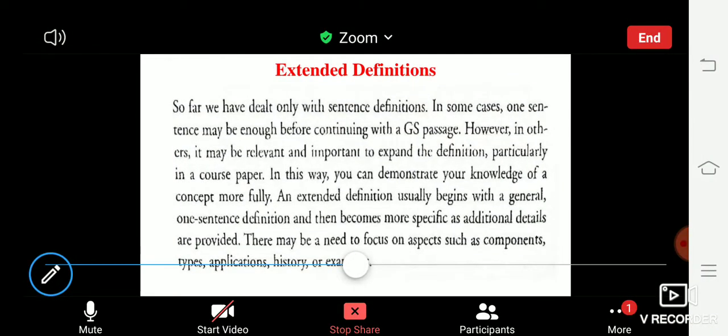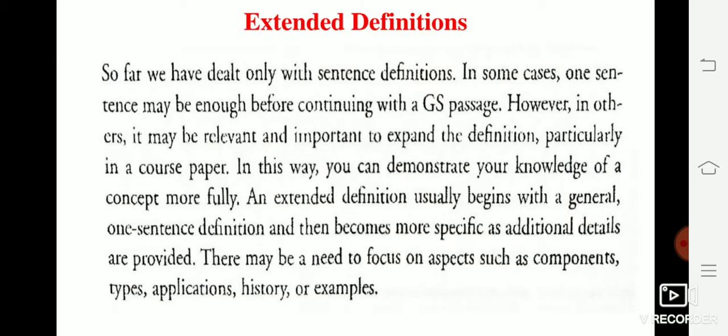So this is what you call extended definitions. It means that you make your definition not only in one sentence but in a few sentences or sometimes in a paragraph. At the moment you have sentence definition, I mean the definition is given only in one sentence.